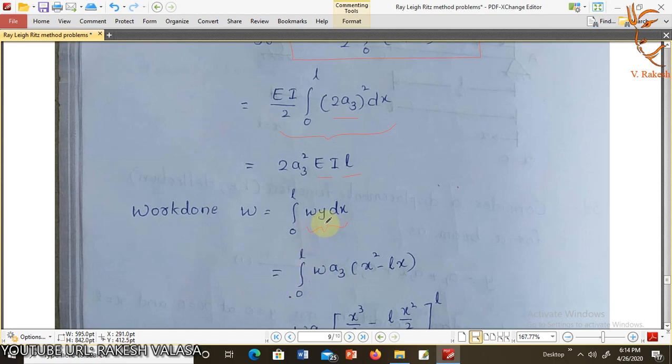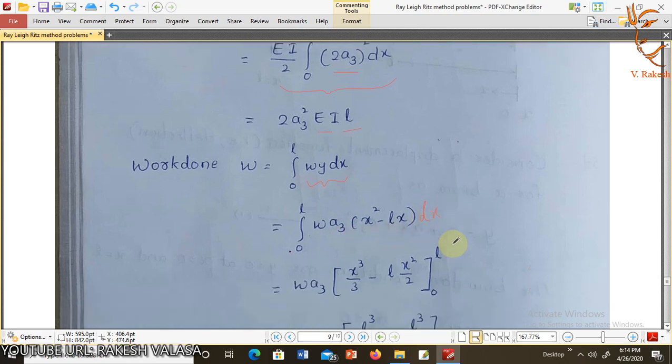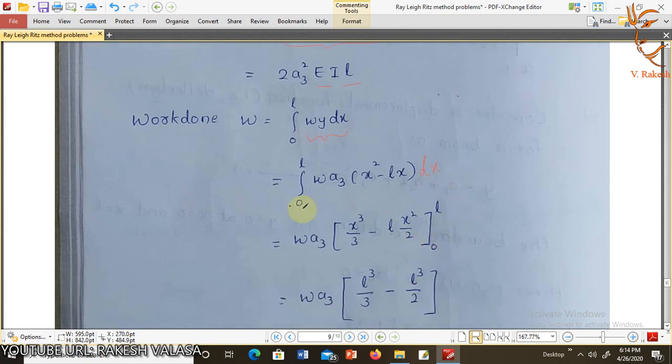Now substitute y in this equation: W a3, y is a3 into x square minus Lx, into dx. Now integrate this equation.